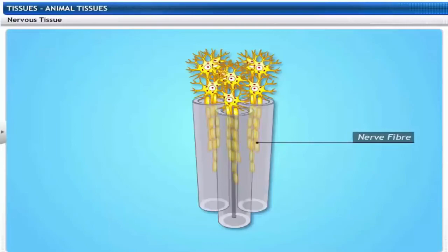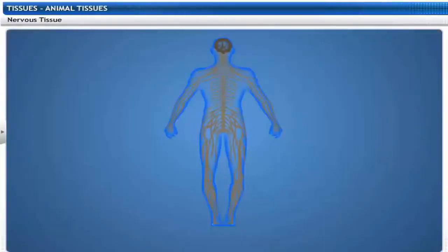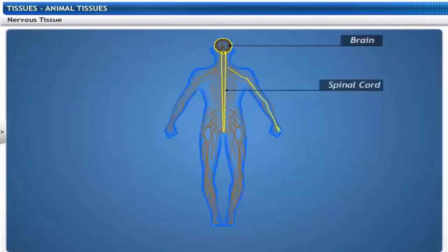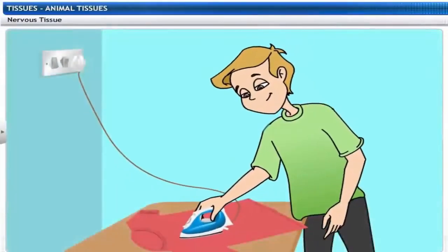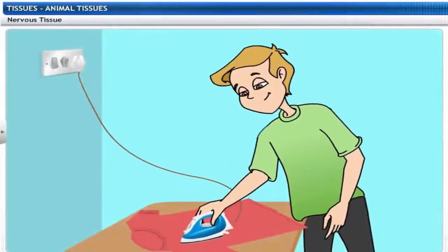Neurons join end to end to form the nerve fibers. These nerves are richly supplied with blood. Nervous tissues are found in the brain, spinal cord and nerves.